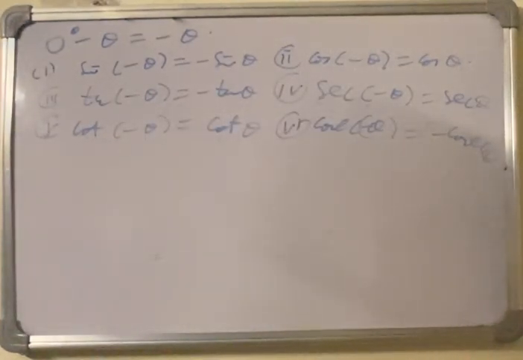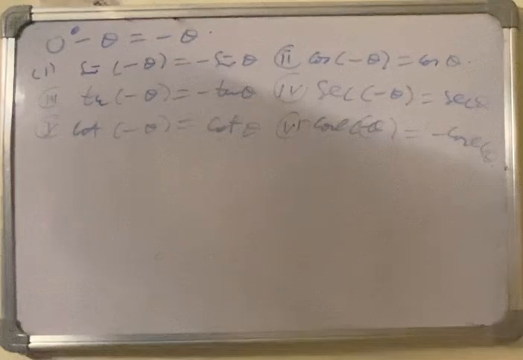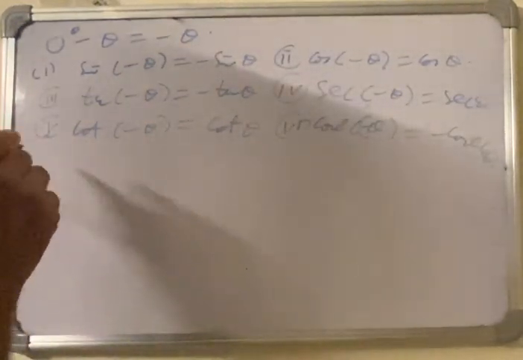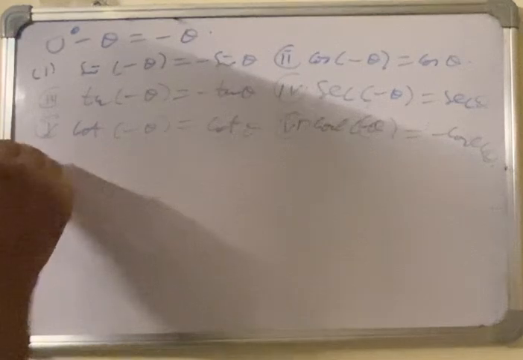Sin, cos, tan, secant, cot, and cosecant. But only cos and secant are positive. Then again we shall take first quadrant.